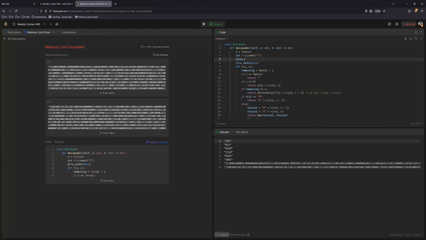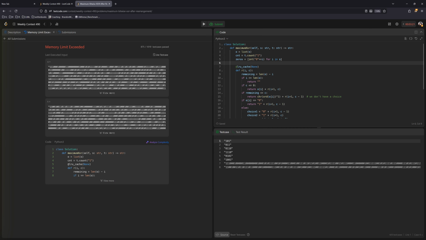Okay, zeros equals 0 equals I for I in S, right? It's an integer. And we want the remaining from the right. So remaining reverse accumulate equals list of accumulate of reverse of zeros.